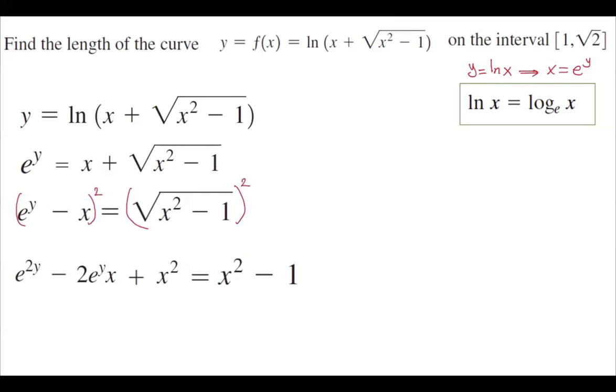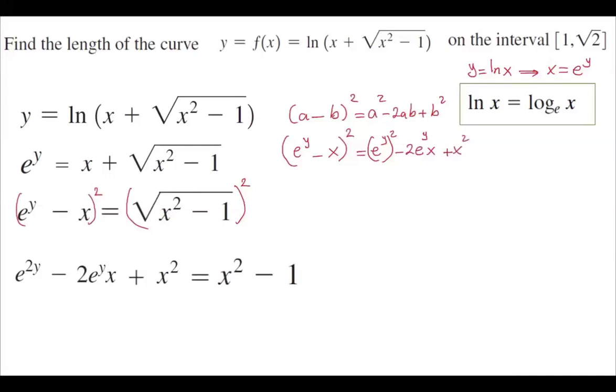But please note that if you have a minus b to the second, this is a squared minus 2ab plus b squared. In that case, we have e to power y minus x to the second, which is e to power y to the second minus 2 e to power y times x plus x to the second. e to power y to the second is e to 2y.